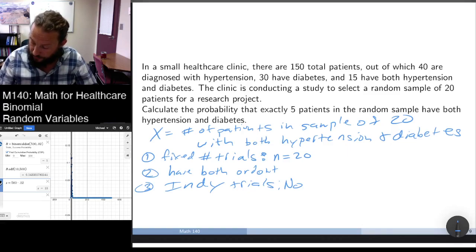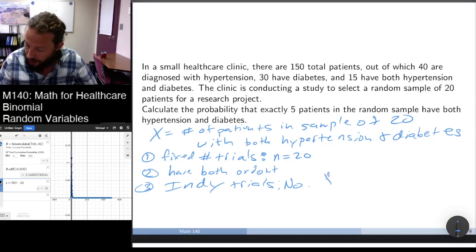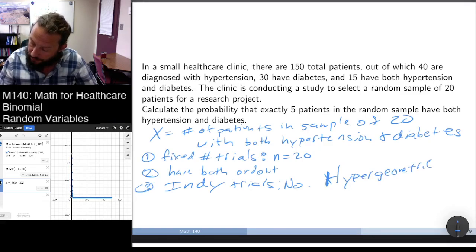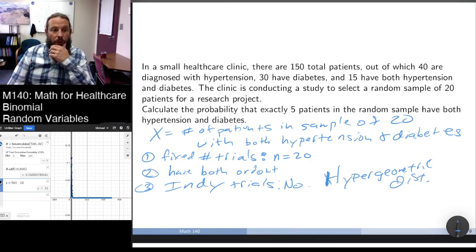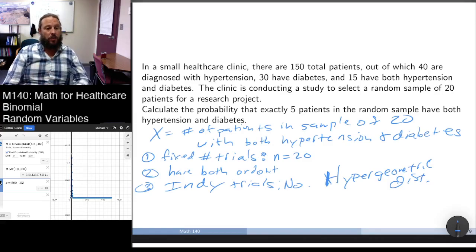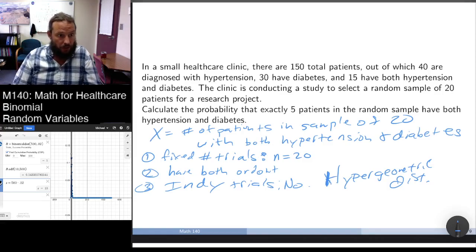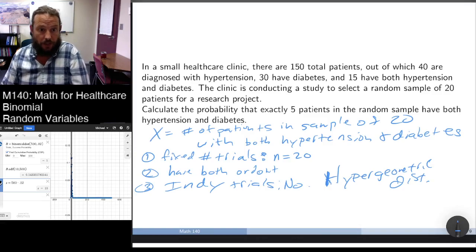So no. When we have fixed trials, and success or failure for each trial, but not independent trials, we have a hypergeometric distribution. That means we can't quite just use our binomial distribution to find this.